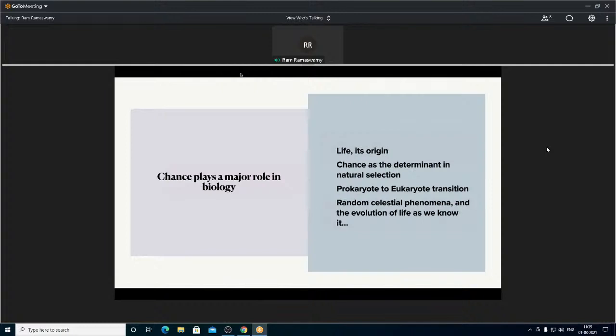And as the environment keeps changing, we know that different species come and go. In particular, we made a transition, a billion years or more ago, from a single cell life form to a multicellular life form. And that also seems to have happened only once.